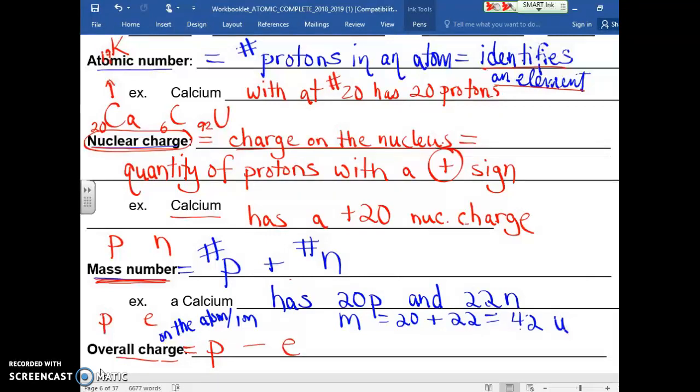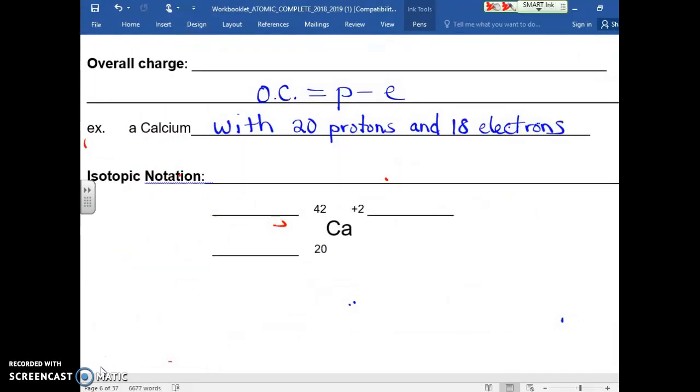Let me give you a concrete example. Let's say that our calcium, with its 20 protons, also has a complement of 18 electrons. Well, what's the overall charge on this particular calcium? Well, the overall charge is equal to the number of protons, 20, minus the number of electrons, 18. So that means on the entire atom, the total charge is a positive 2.